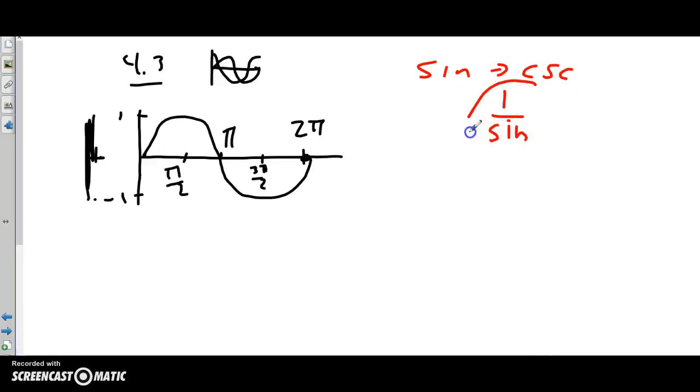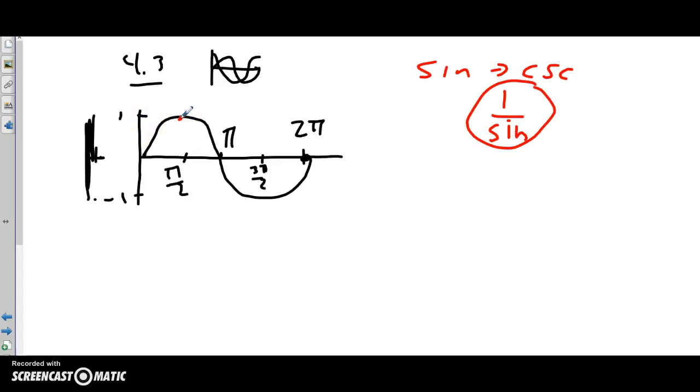So cosecant is 1 over sine. Each of these points here can then be put underneath a 1 and graphed. So for example, if this is 1, well, 1 over 1 is 1.